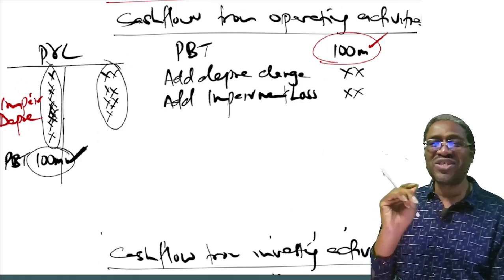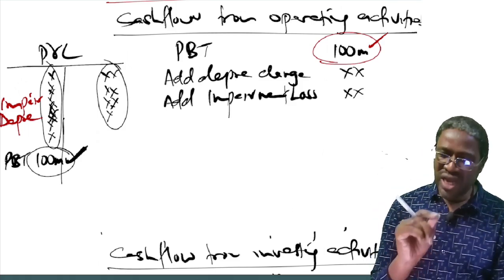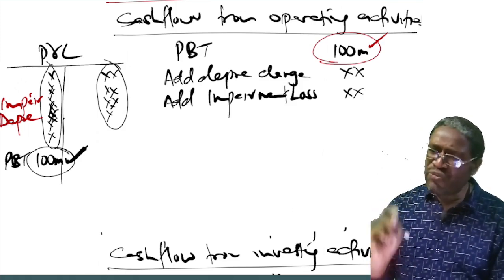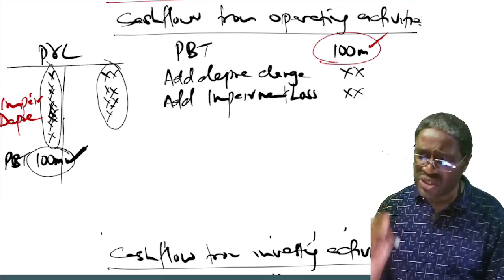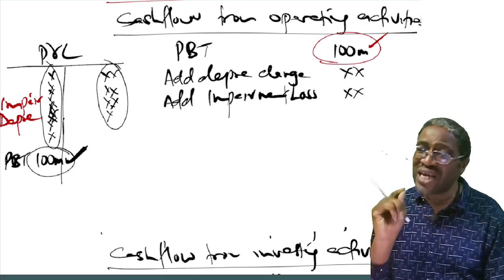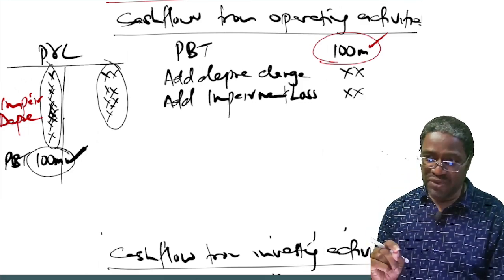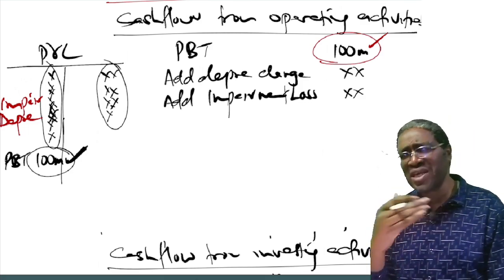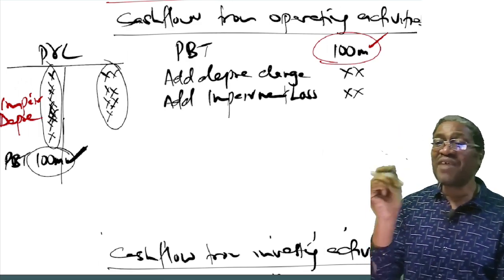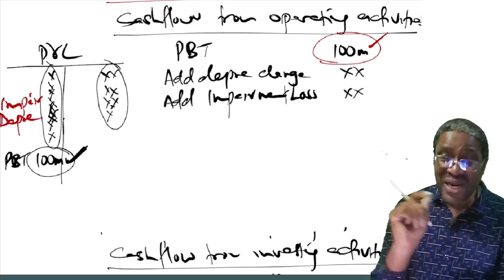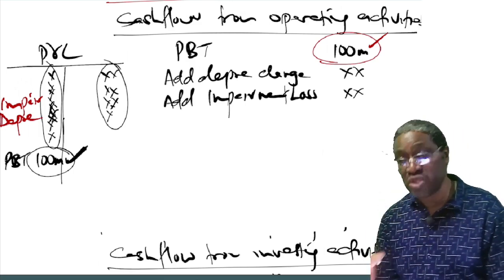We are looking for those items in the income statement which are non-cash items, meaning they affected the profit. But if something is an uncashed item and it never affected the profit in the P&L, then don't use it.